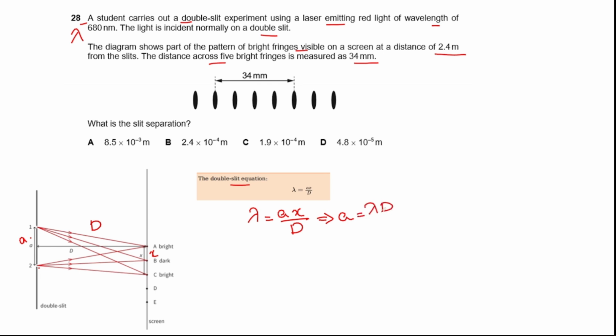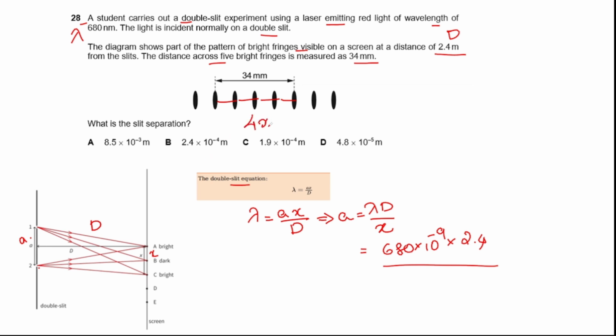So rearranging the formula would be lambda D divided by x. You can directly substitute here for the lambda, which is 680 nanometers, so 10 to the power of negative 9, times the distance from the slit to the screen, which is 2.4, divided by the fringe separation. So here for the 5 points, there are 1, 2, 3, 4 x values, right?